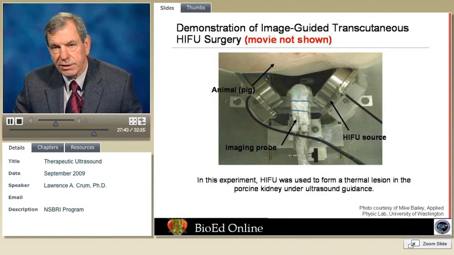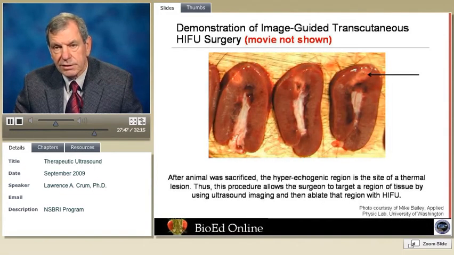That's the hyperechogenic indication of boiling. And so now, if we were to sacrifice the animal and look into the kidney itself, you see that just at the spot we've imaged, we were able to destroy. So this little demonstration shows that one could destroy tumors almost anywhere that one has an acoustic window in the body and use this non-invasive technology to treat cancer.